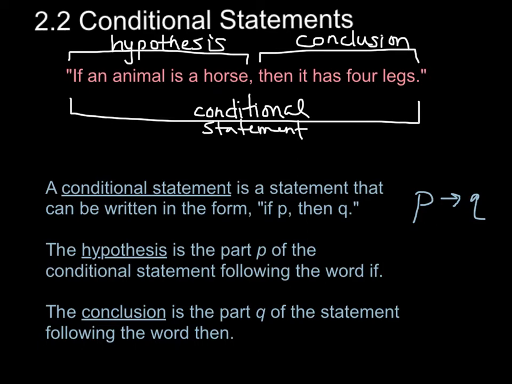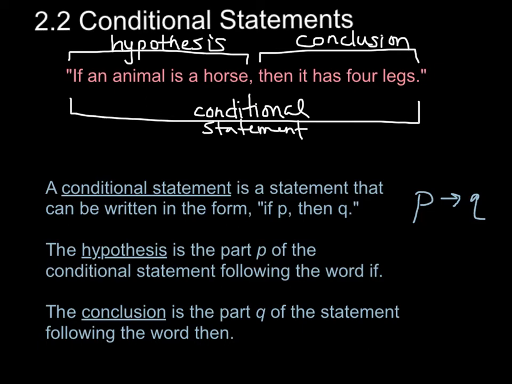That's read as if p, then q. You're going to see this a lot of the time. The hypothesis is the part that follows the if. The conclusion is the part that follows the then. So make sure you have those 3 vocab words written down.